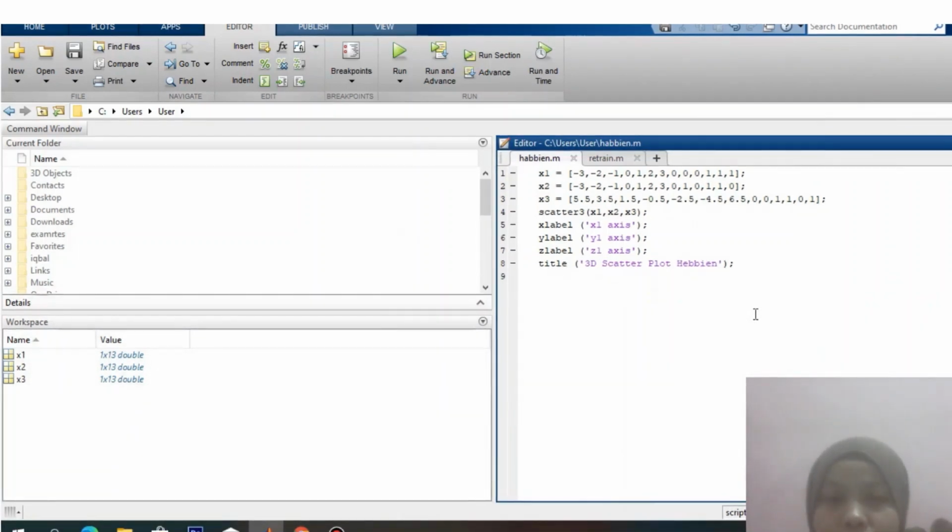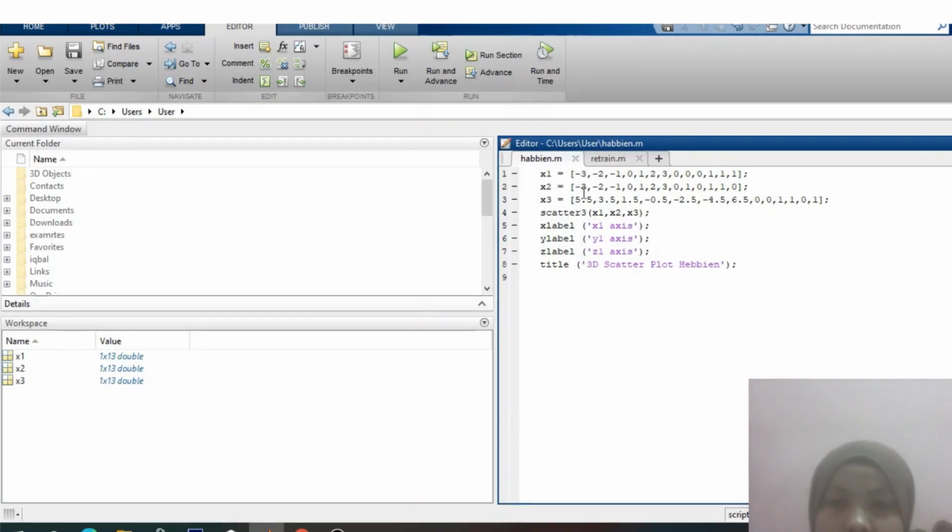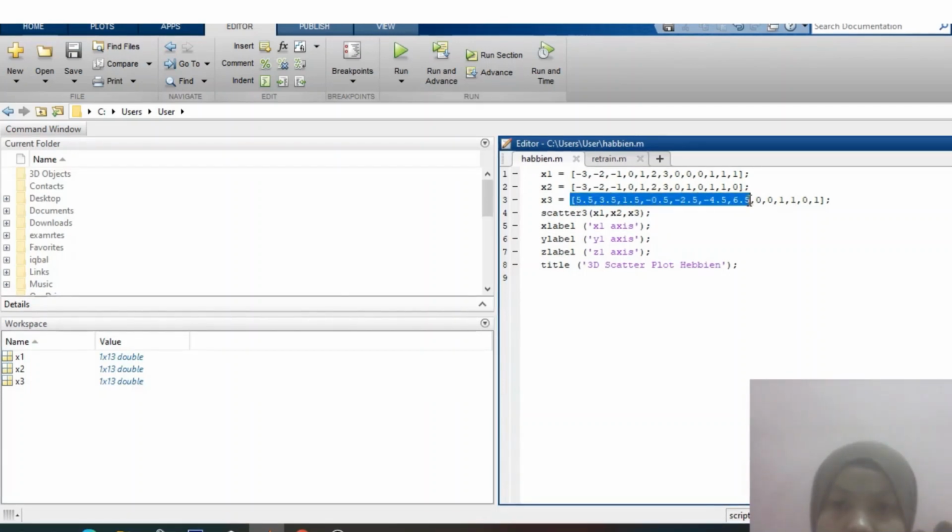I will present the simulation for Hebbian. Based on manual calculation in Excel, we get the values to plot the graph. The values x1, x2, and x3 have been calculated manually in Excel, so we get a new value.